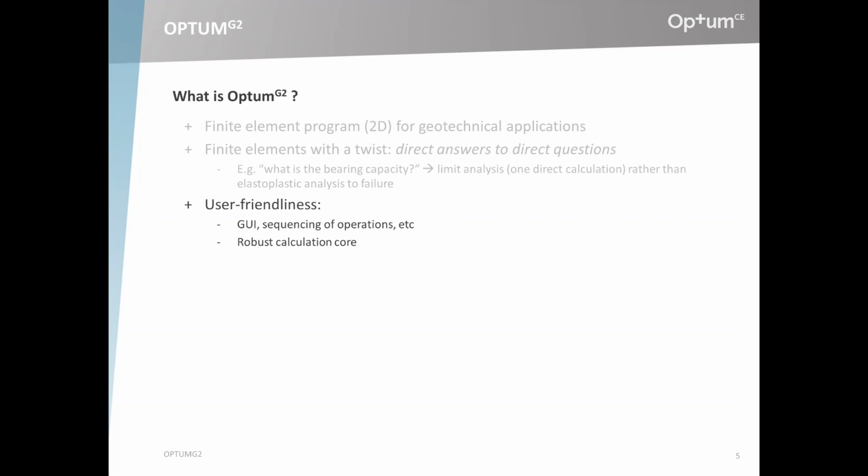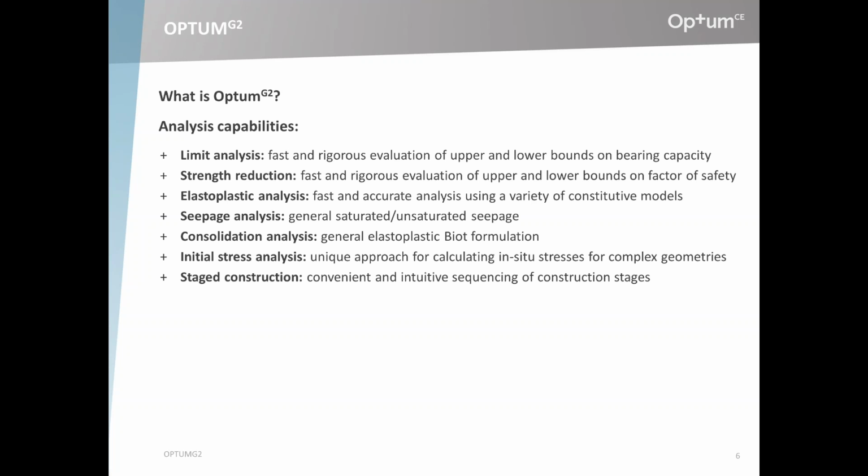So I'll have examples of that a little bit later on. So something that I think is well recognized in geotechnics: materials with zero cohesion and very high friction angles, so sands, very common material, are very difficult to handle. In OptumG2, they are handled with the same ease as any other material. So this robustness gives a really high level of user friendliness as well.